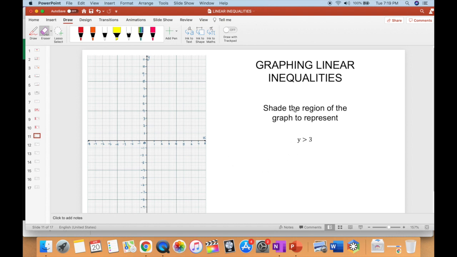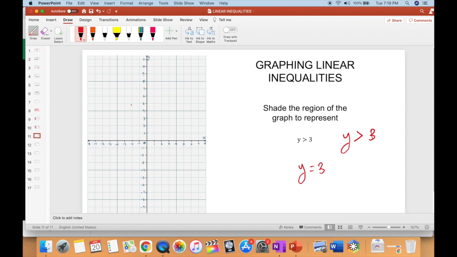So to my coordinate geometry junkies, the line y is equal to 3 is a horizontal line. And we can see that this inequality is y is greater than 3. It doesn't have an equal sign, it's not greater than or equal to, so I have to use a dotted line.